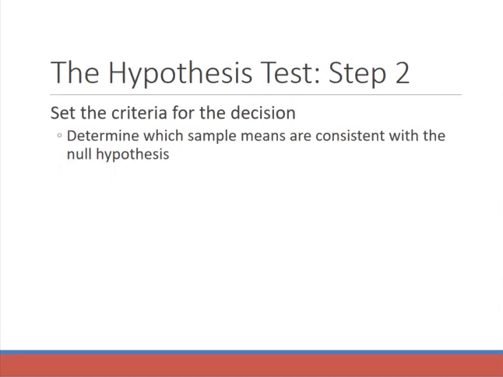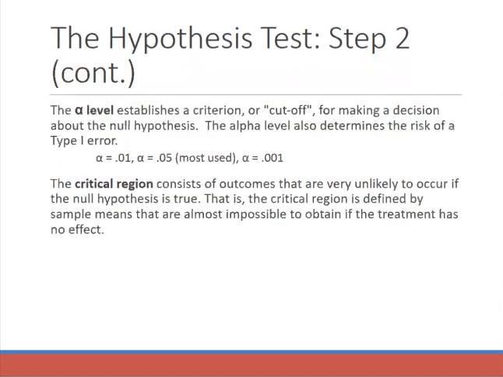Okay, so where this comes in terms of the criteria for the decision is the alpha level. So in order to figure out at what point we say, well, that sample mean is pretty close to the population mean, I think it came from the same sample, versus when do we say it's really unlikely that this sample came from the same population, we have to establish some kind of cutoff.